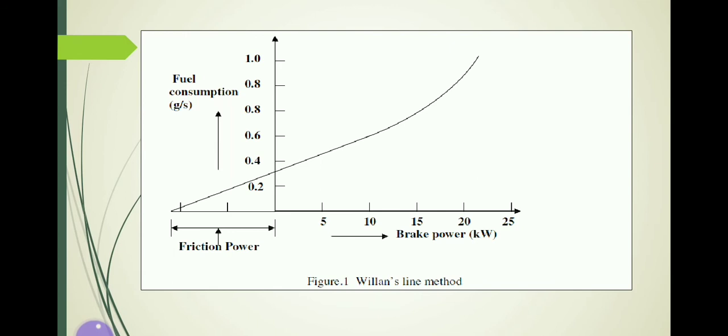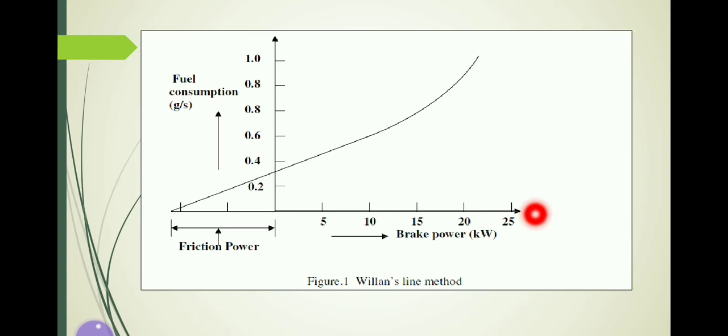First, one graph is going to be plotted. We can say that on the y-axis fuel consumption is going to be shown, that is gram per second, as well as on the x-axis brake power is going to be shown.